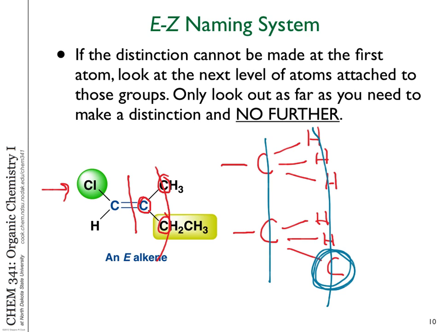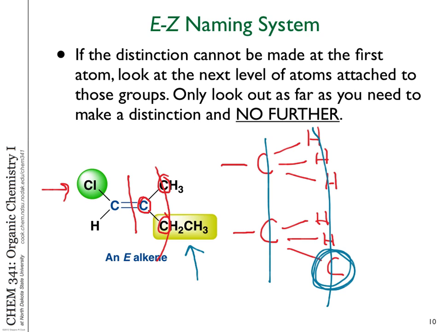If you can't make a difference there, you need to go even further. Once you make a difference at one of those layers, you don't go any further. That distinguishes your priority. So that's why, in this case, the ethyl group gets the higher priority over the methyl group.